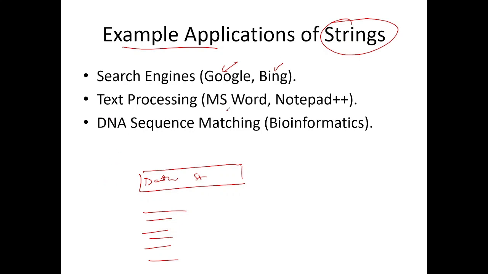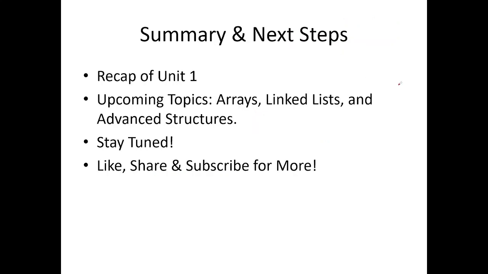And then we'll be using it in word processing in MS Word, Notepad++ or your VS Code. And then DNA sequence matching, which is used in bioinformatics. These are just the applications of strings, and that's all.